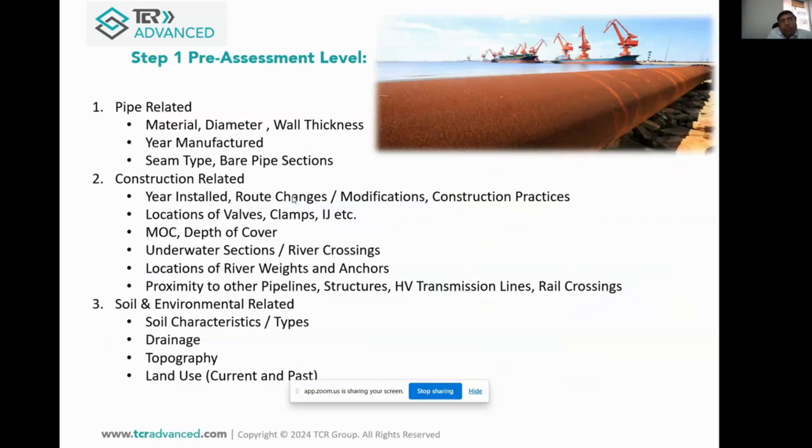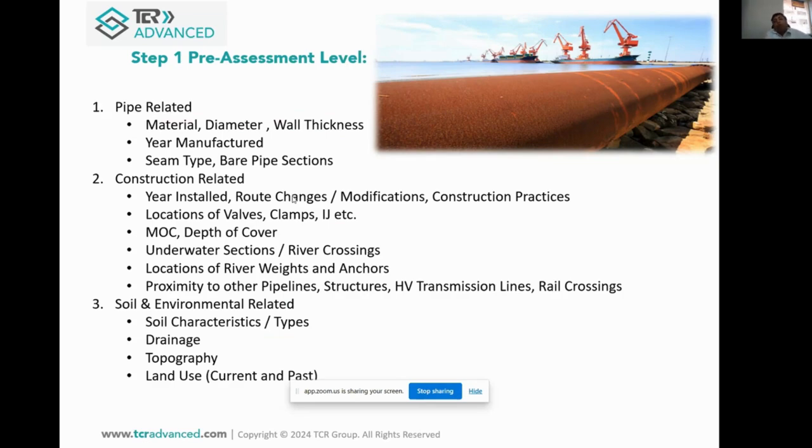So now let's come back to step one, pre-assessment. For any buried pipeline or a cross-country pipeline, what type of data is required? Basically, you want to know the material of construction, the diameter of the pipeline, wall thickness, year of manufacture, type of pipe, and the coating applied on it.